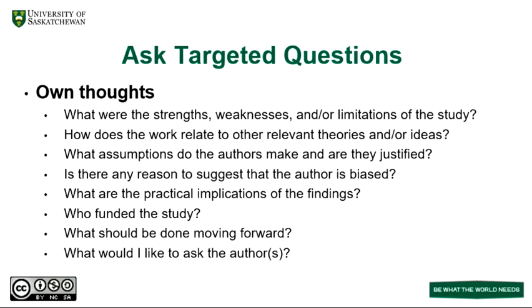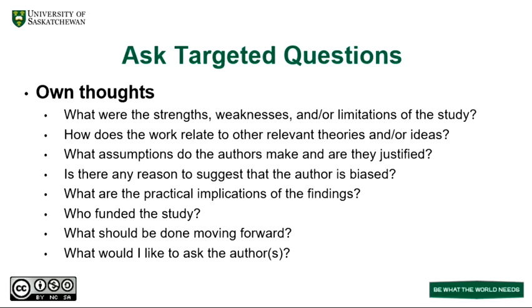Bias is certainly a possibility, so maybe looking at different affiliations. It's useful just to tease that out a little bit to make sure that there is nothing untoward about the research design based on someone's affiliations. What are the practical implications of the findings?